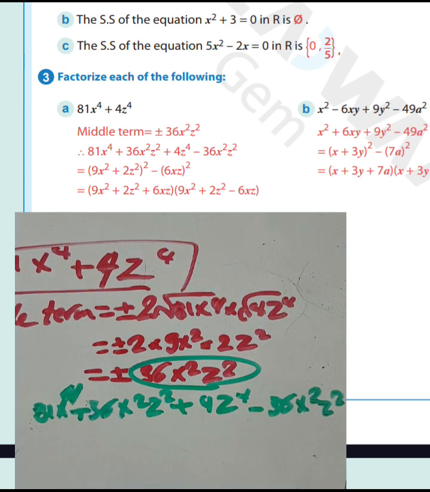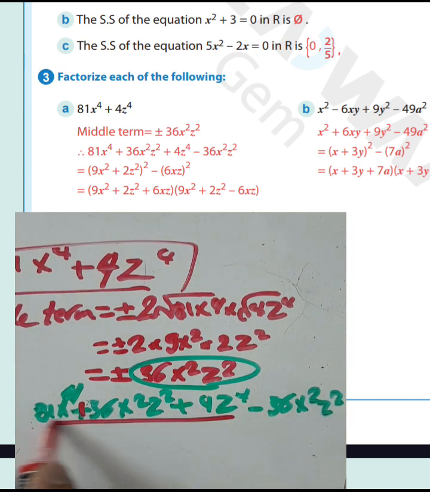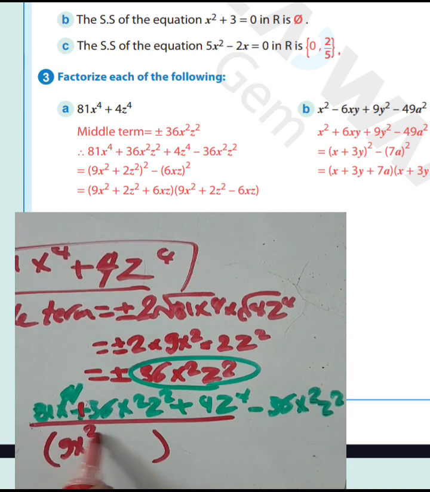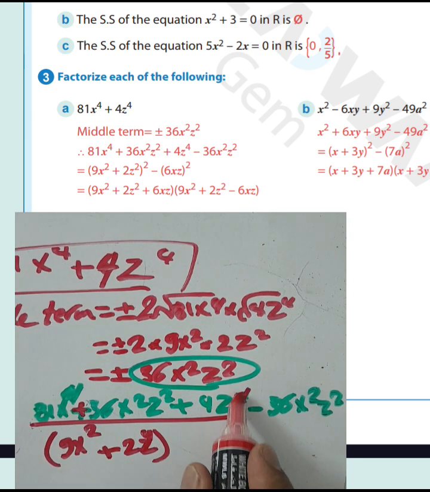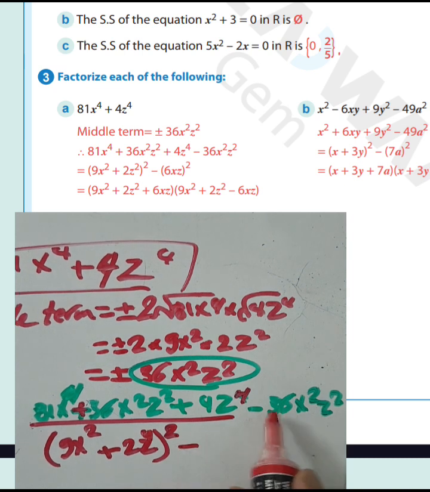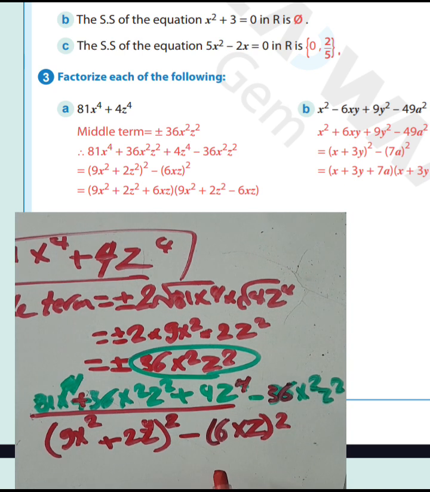Then we can write this expression by factorizing. Square root of the first will be 9x power 2 and here will be 2z power 2, and write the sign here positive, write power 2 outside, subtract 36, square root here 6xz, whole power 2.